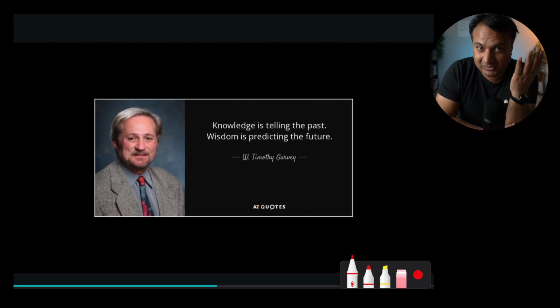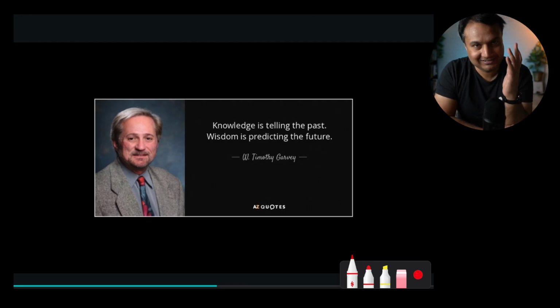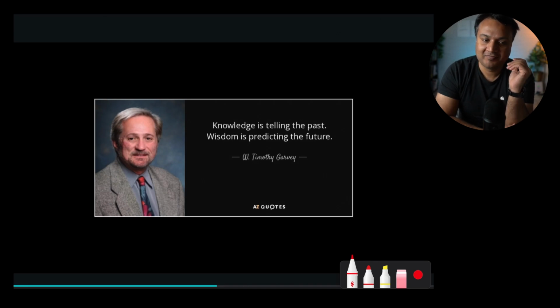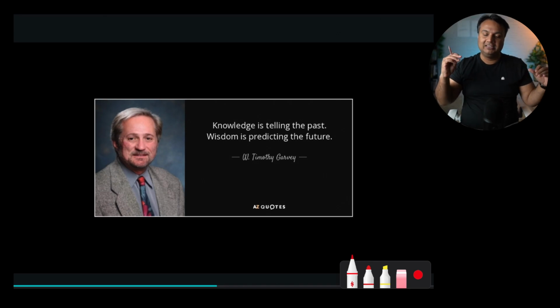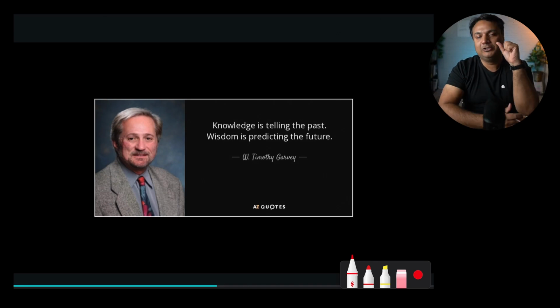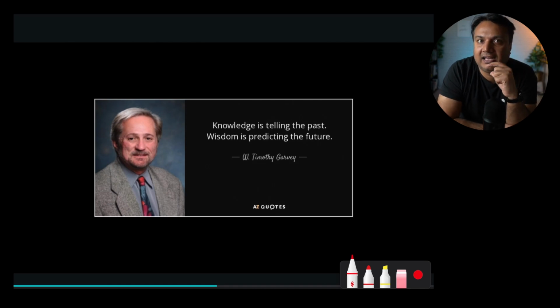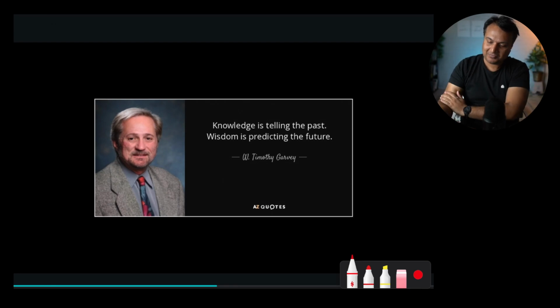When you can predict the future, that is where the wisdom lies. That is what the power is. And this is the beauty of these machine learning algorithms, that you can train them on the insights and, based on that, they can predict the future pretty remarkably. It is very good at predicting the future.